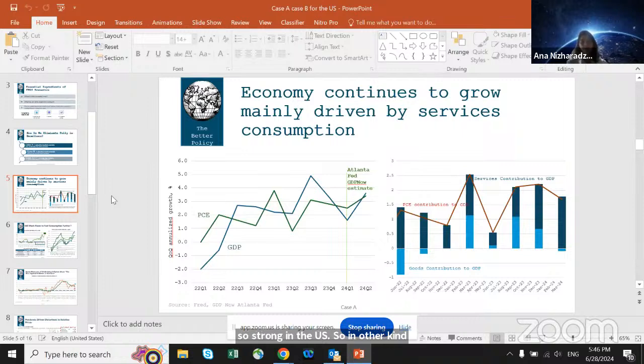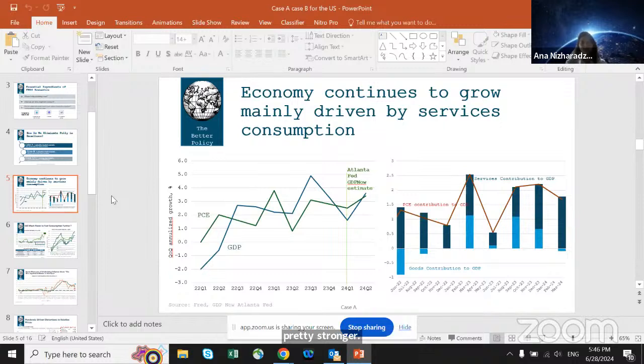This can also be seen from GDPNow estimates, and as mentioned with the latest data, it is 2.7%. And despite service consumption being a key driver, we also don't see big moderation in goods consumption, especially in durable goods, which still remains pretty strong.